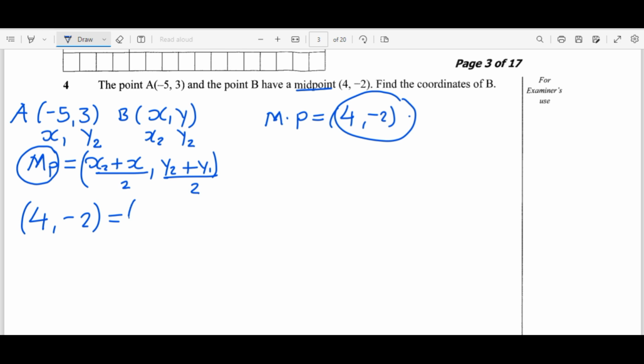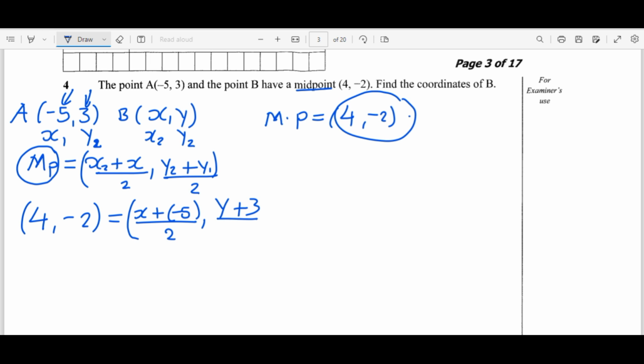Then what's our x2? So the x2 is just x plus x1, which is -5, divided by 2, comma. What's our y2? Y2 is just y plus y1, which is 3, over 2.